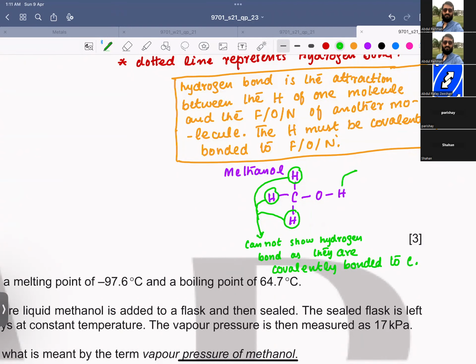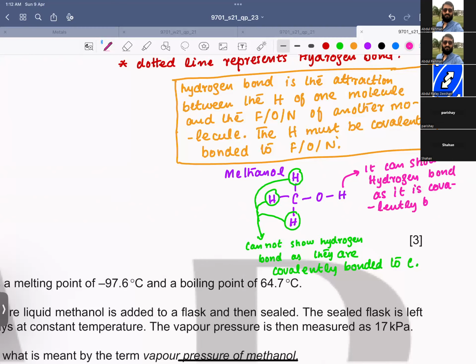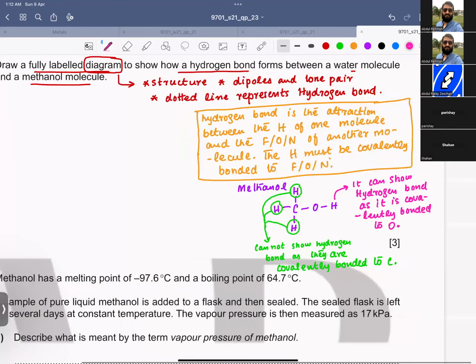And this hydrogen can show hydrogen bond as it is covalently bonded to oxygen. Is this point understandable?